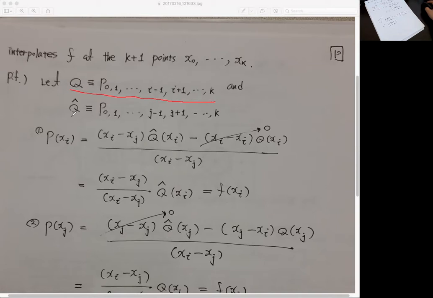And Q hat is the Lagrange interpolating approximation at x0 to xk except for xj. So now, what's the goal? The goal is to show that P, what's P?